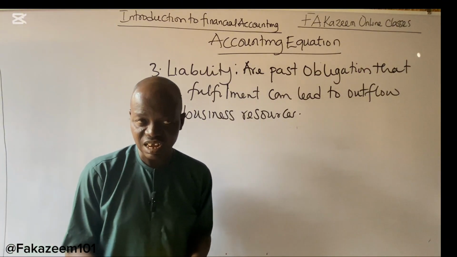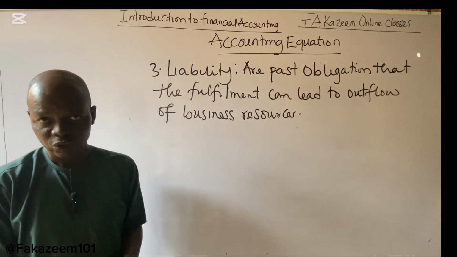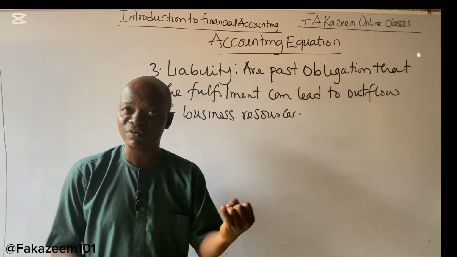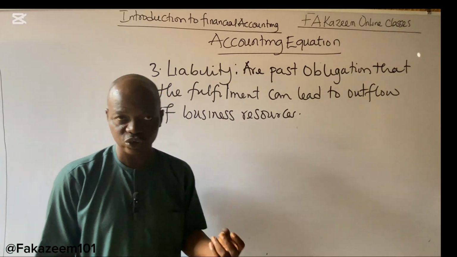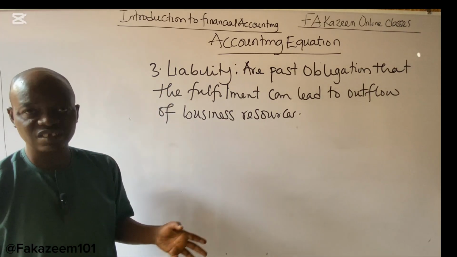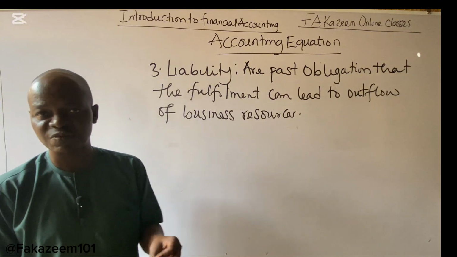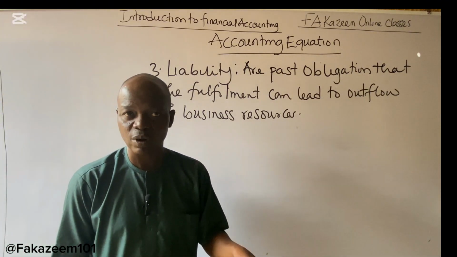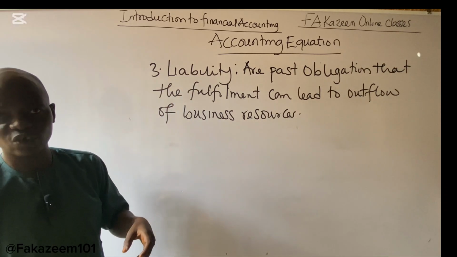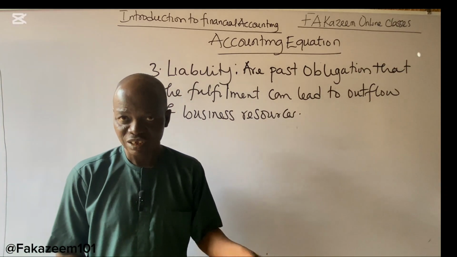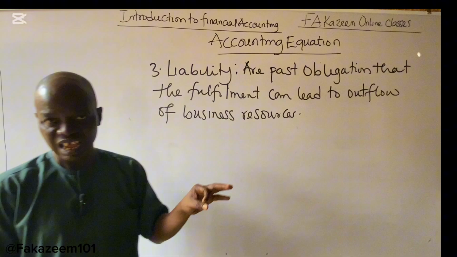Meaning, as an accounting student at this level, once you borrow money, either through friend, through financial institution to operate your business, that money that is being borrowed should be categorized as liability. While the resources you have control over should be classified as asset.